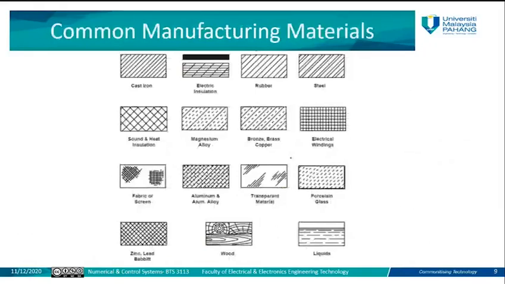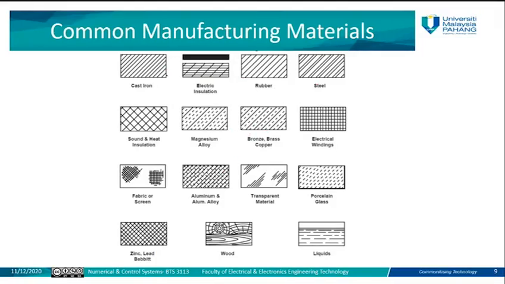Manufacturing material as well is represented by some dashes or lines or some figure here. So when they add such a representation, for example, if you see this one, I understand this is cast iron. This product will be made from cast iron, for example. This product is made from electric insulation material. This from rubber, this from steel, this one from gold, this one from bronze, silver, and so on.